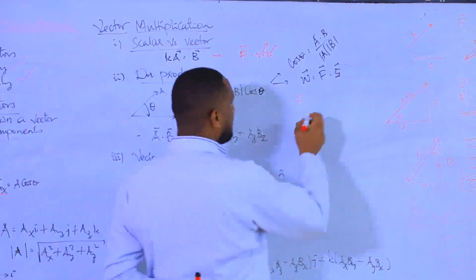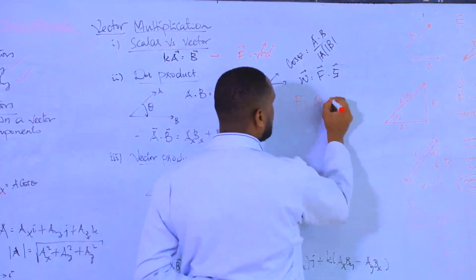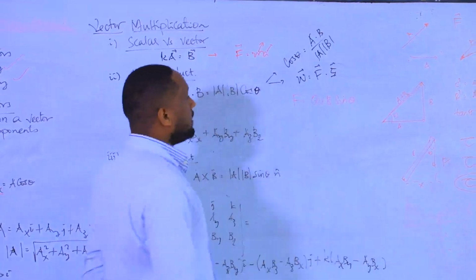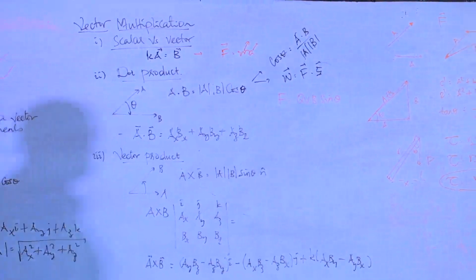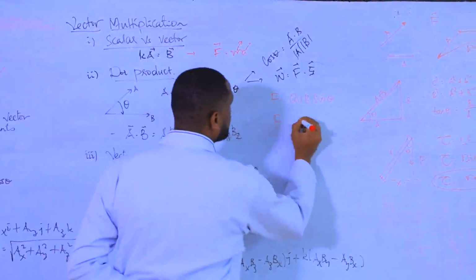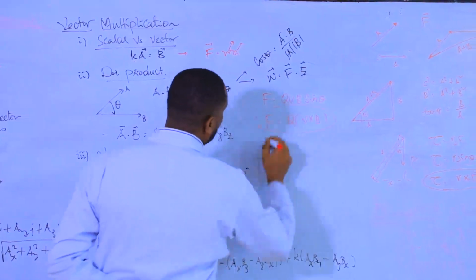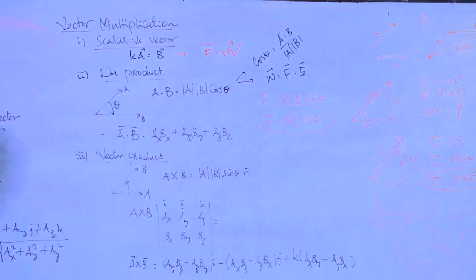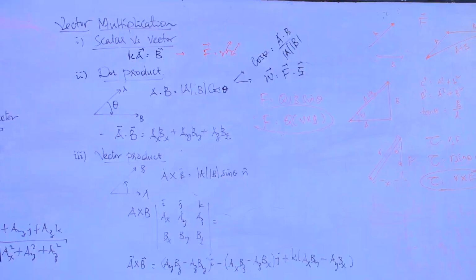So finally, we come up with the expression F is equal to Q times V times B times sine theta. Obviously the force is perpendicular to both the velocity and the magnetic field. Then we can express the force F as Q times V cross B. Okay? So another application for cross product is it can help us to determine the magnetic force on a charged particle when it's moving in an external magnetic field.